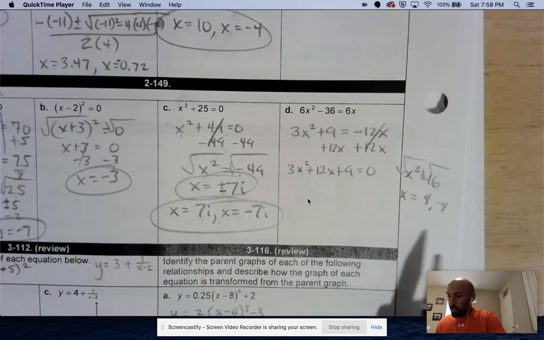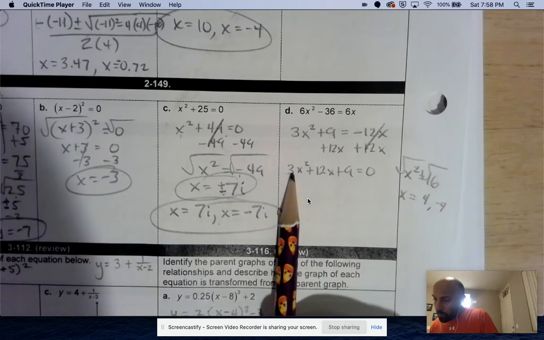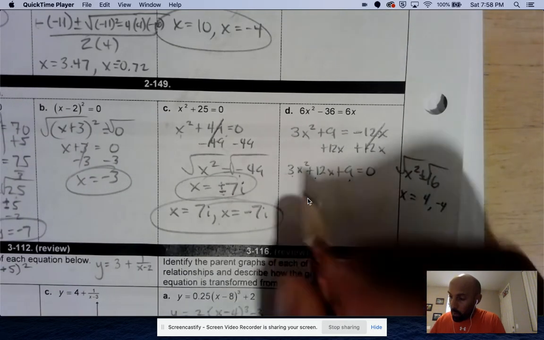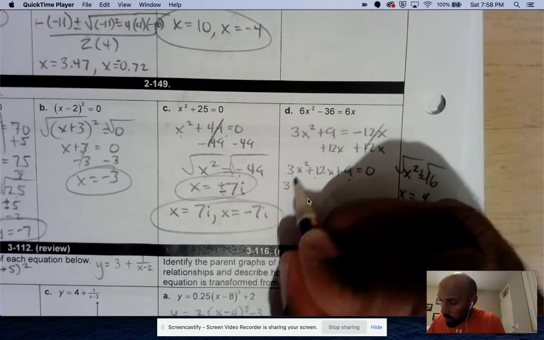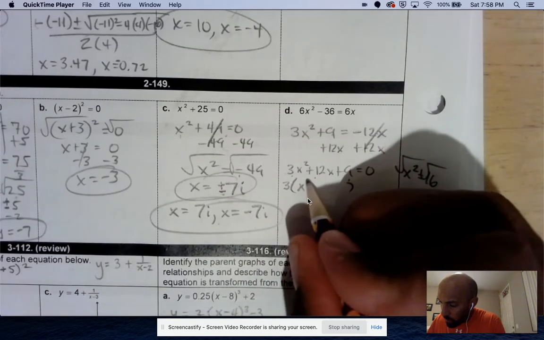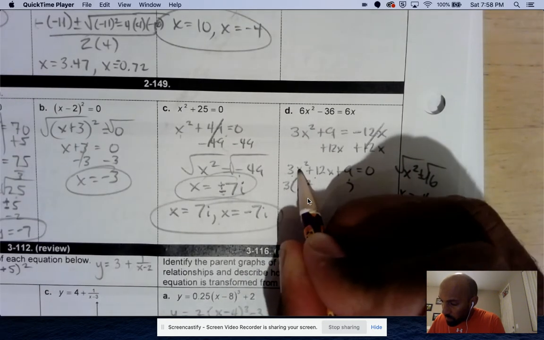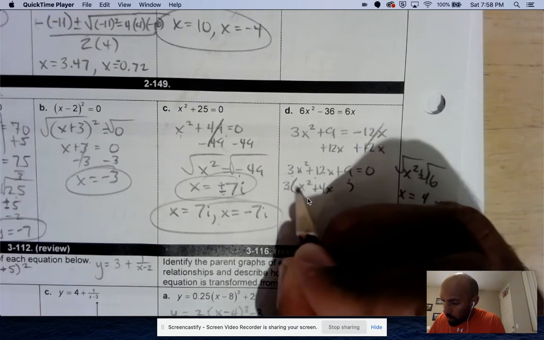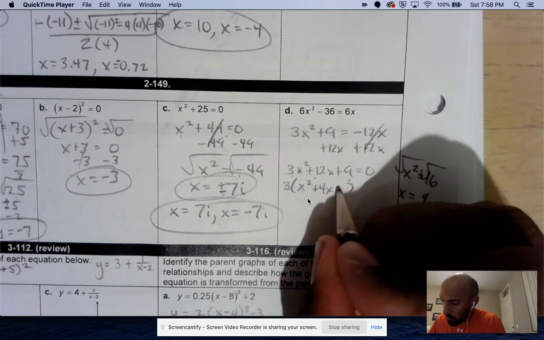Now, the other thing is, on this one I noticed that 3, 12, and 9 all have a common factor of 3. So what I'm going to do is actually factor out that 3. And now I have 3 times x squared is 3x squared. 3 times what gives me 12x? 4x. 3 times what gives me 9? 3.